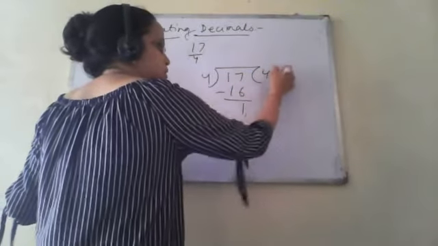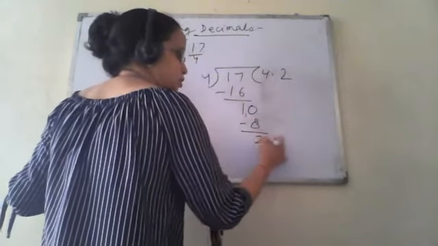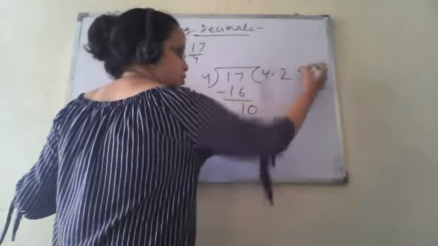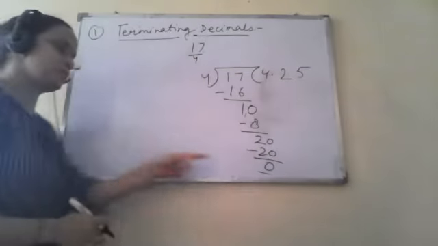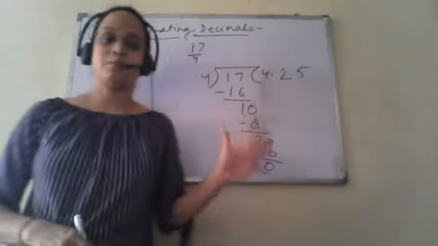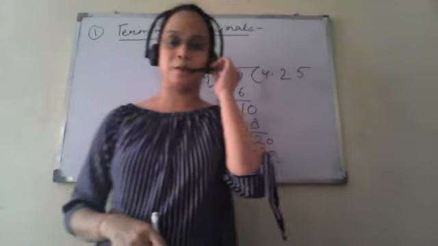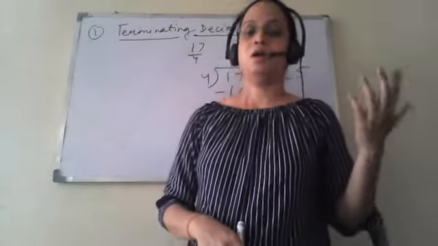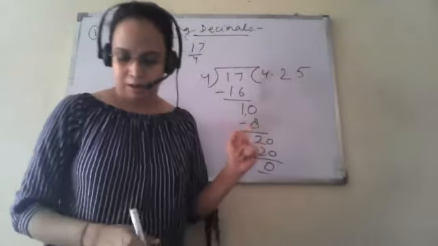This is 1. So in this also the remainder becomes 0. So these are the examples of terminating decimals. In them, after a finite number of steps, the remainder will become 0. Okay.